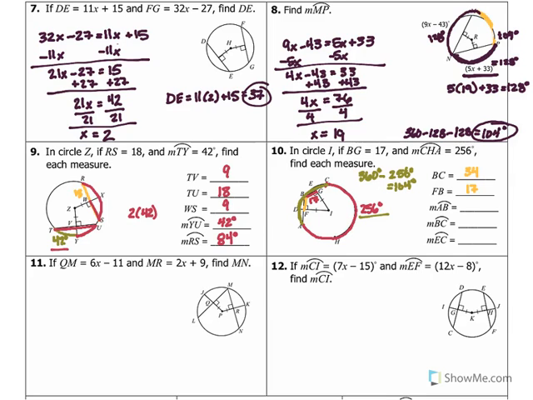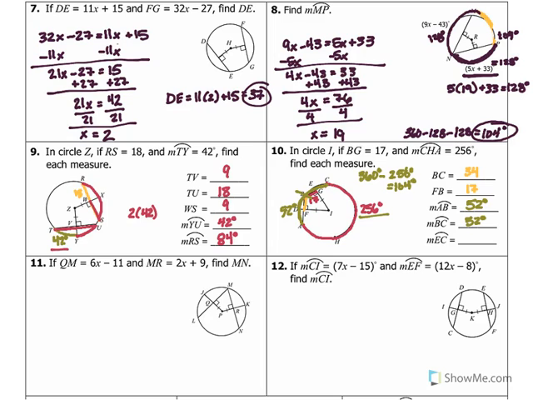So that would be the length of this whole green piece. However, we only need half of that because we want the length of AB. So we're going to take 104 and divide it by 2 and get 52. So the length of AB over here is 52 degrees. Okay, now BC. BC is the same thing as AB, so it's also 52 degrees.